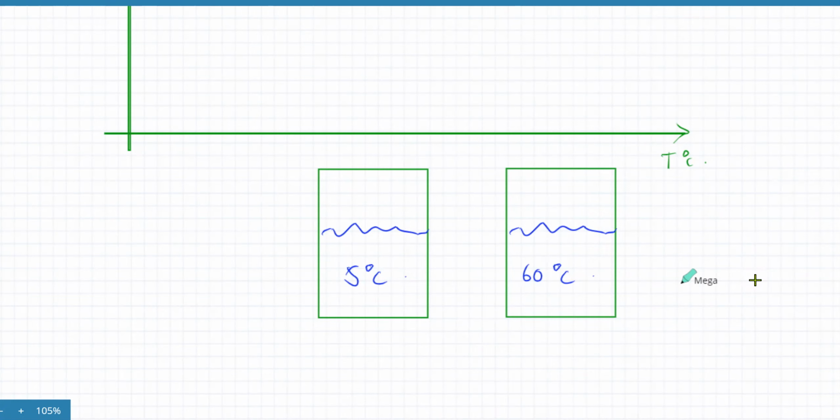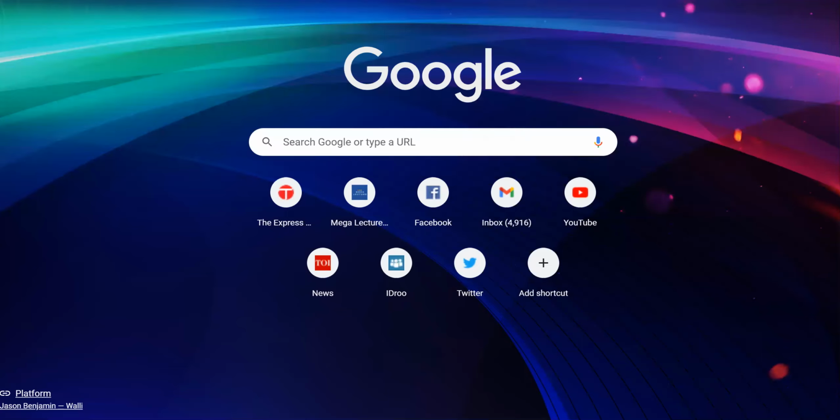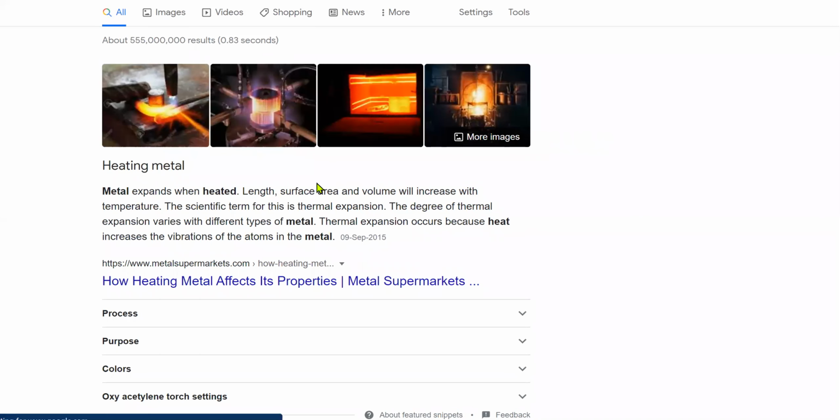For example, if you take a piece of metal at minus 100 and you start heating it, and its melting point is like 2000 degrees centigrade, and now it's at 1500 degrees centigrade, is there any change in disorder? Not much.